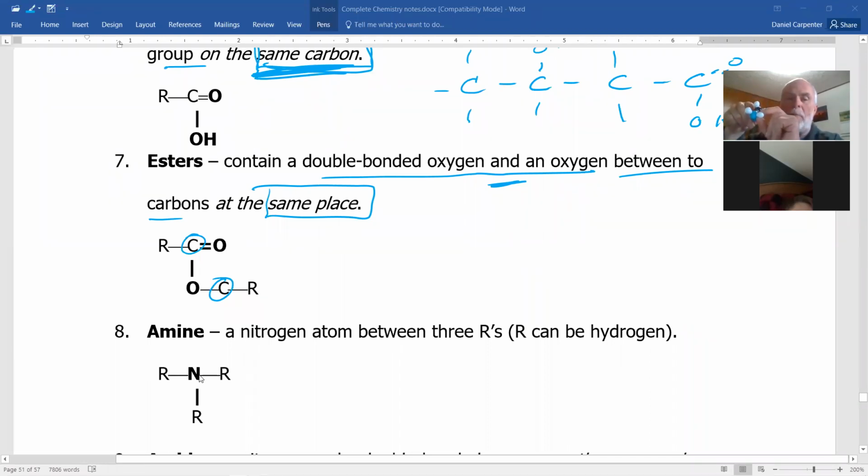So for amines and amides, an R can be a hydrogen, but all 3 R's can't be hydrogen, because if all 3 R's are hydrogen, man, I would love to ask this question. And I would love to be able to flick a lifesaver at you if you could actually figure it out.